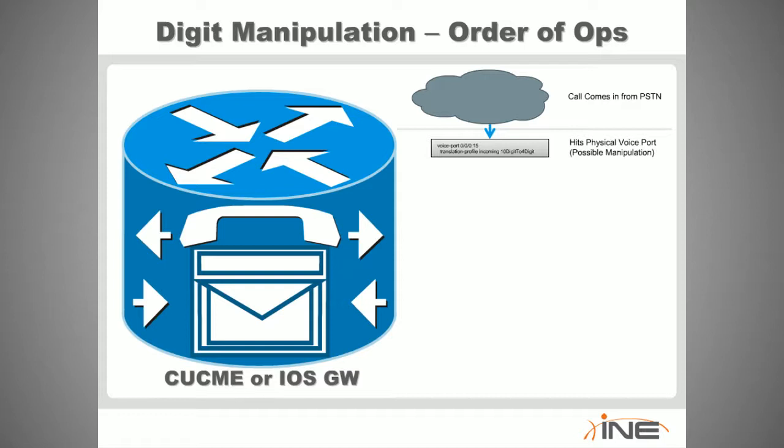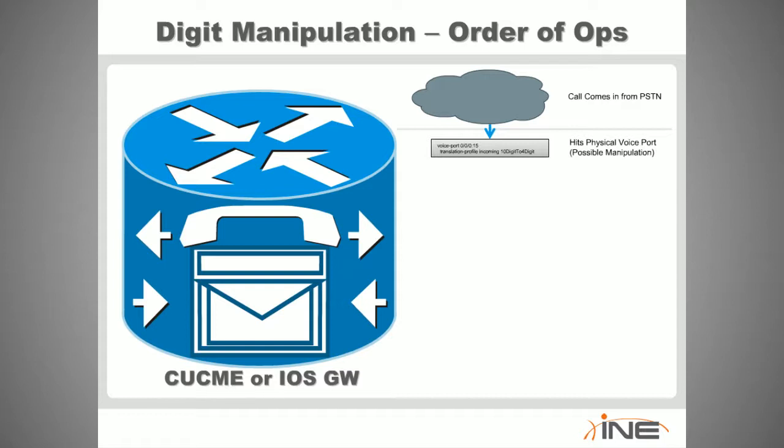Here on the voice port, we do have the ability to do possible manipulation. Typically, we would use a voice translation rule. Optionally, we could use a translation rule, which was around before voice translation rules. As we mentioned, we haven't gotten into them too much in the past, and we won't, because there's really no need to.